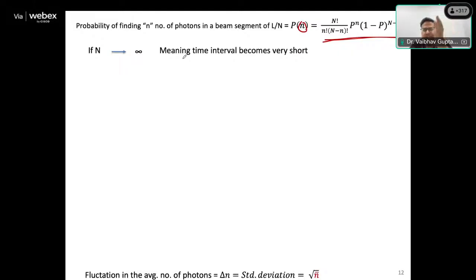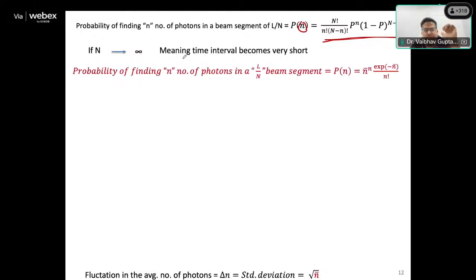Meaning the time interval is very short, or I'm taking pictures very quickly. The probability of finding n photons in a beam segment of L by n is given by this formula: n bar to the power n, divided by n factorial, times exponential of minus n bar, where n bar is the average number of photons. Typically we call this a Poissonian distribution.